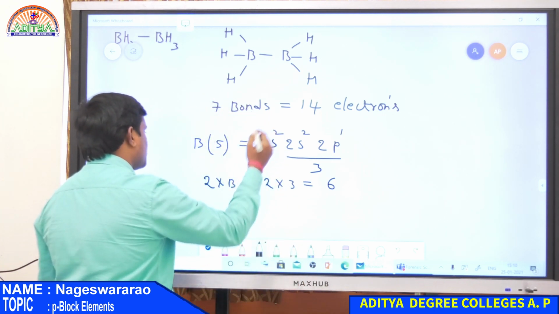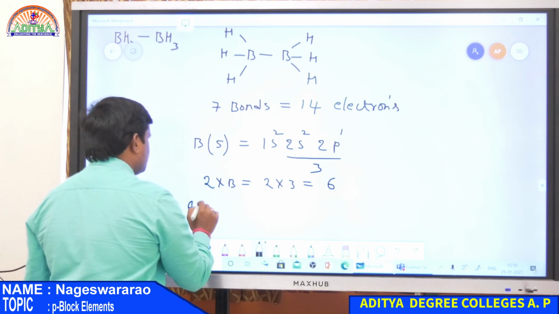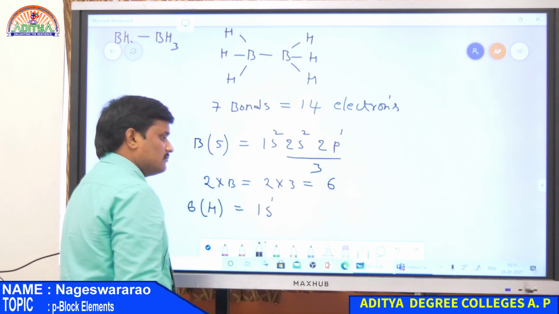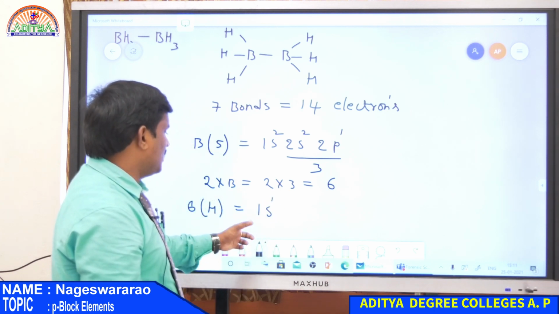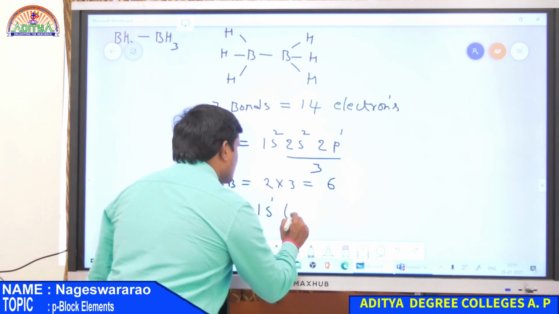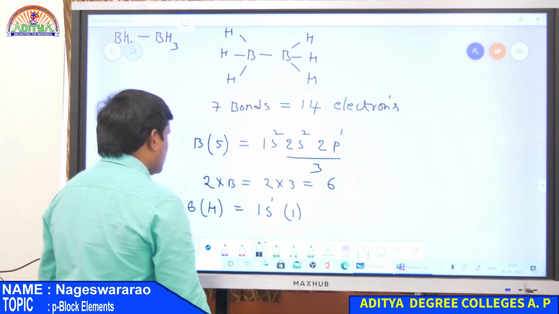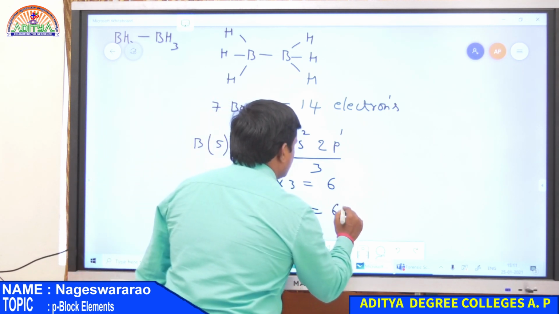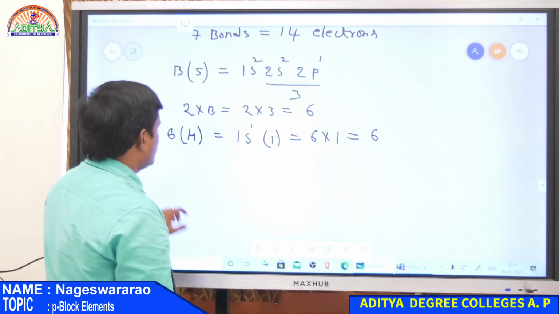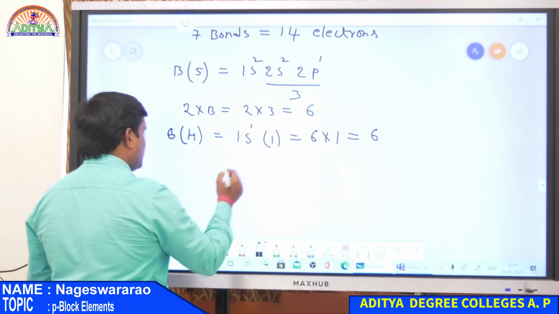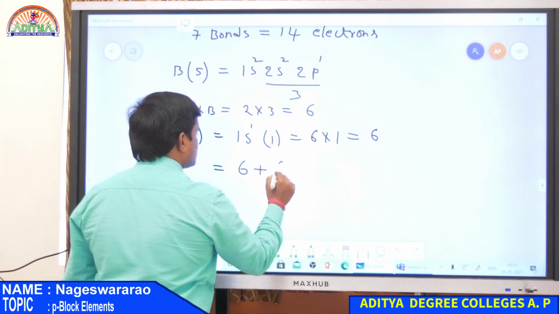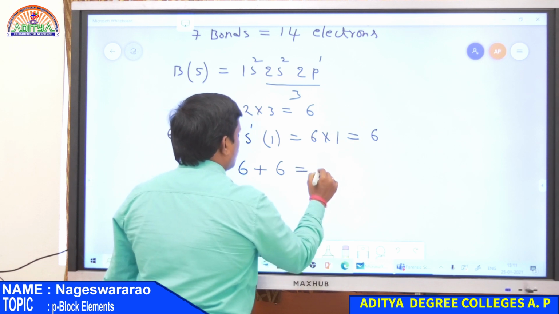And how many hydrogens are there? There are 6 hydrogens. Each hydrogen has only 1 electron, because the hydrogen atomic number is 1, so it has 1s1 electronic configuration. Therefore 6 into 1 is equal to 6. Therefore, the total number of electrons present in diborane is 6 electrons from both the boron atoms and 6 electrons from the hydrogen atoms. So totally there are 12 electrons only.